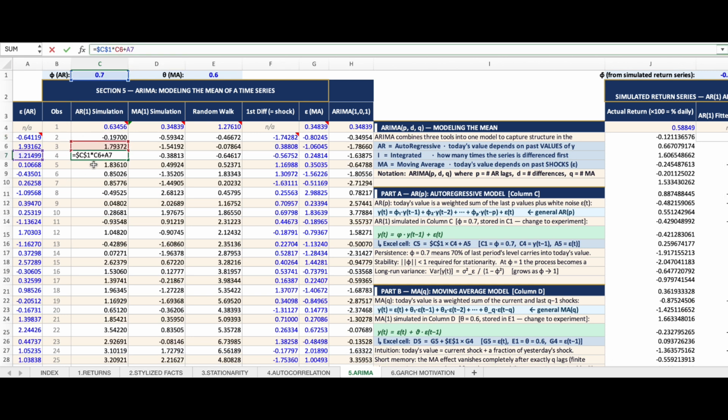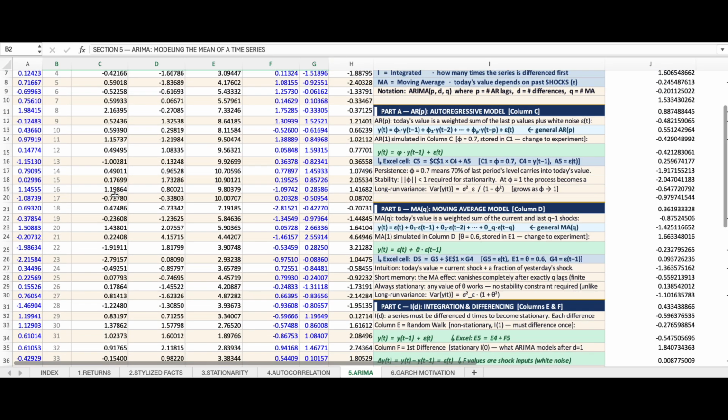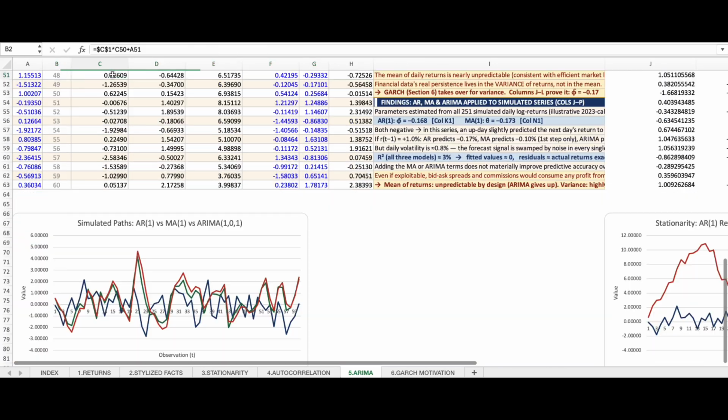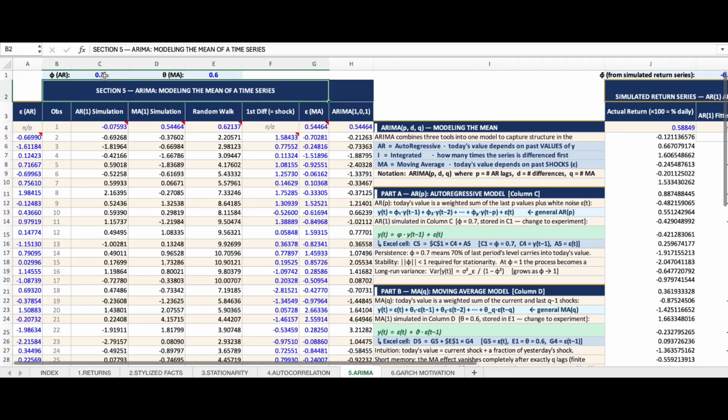So if you change phi to 0.3, watch how much less smooth the series becomes. If you change it to 0.95 or very high, the series becomes very persistent, almost like a slow drift.